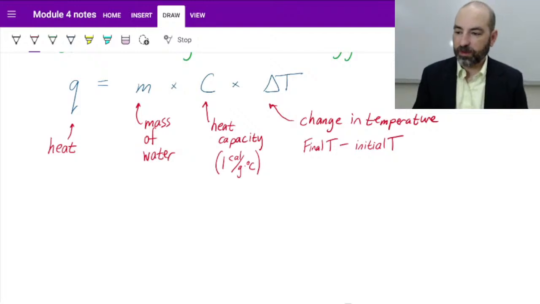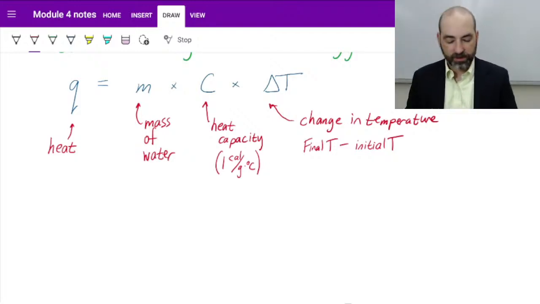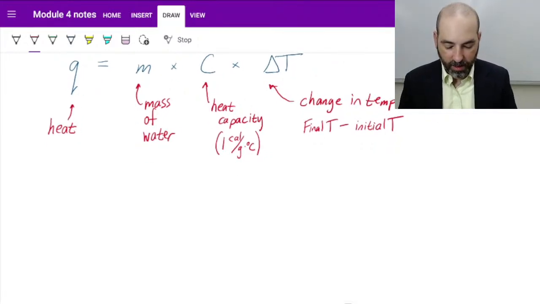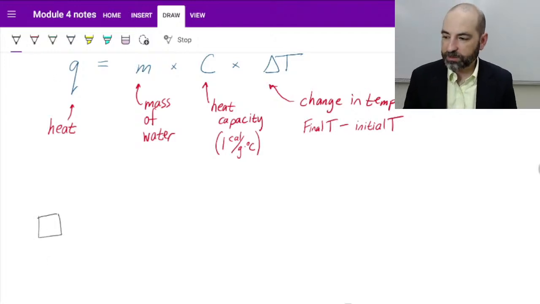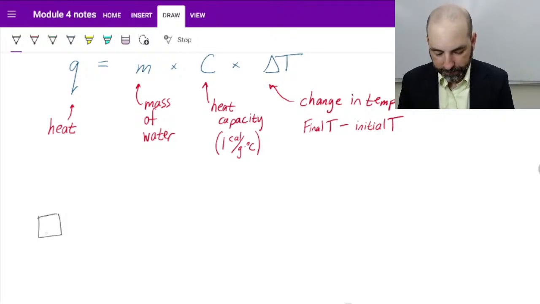Okay, so this might make more sense if we look at an actual example of doing this, especially for those of you who haven't done this in lab yet. All right, so we're going to put a sample in a calorimeter. We'll just call this box a calorimeter. And we'll put our sample in there, whatever it is.